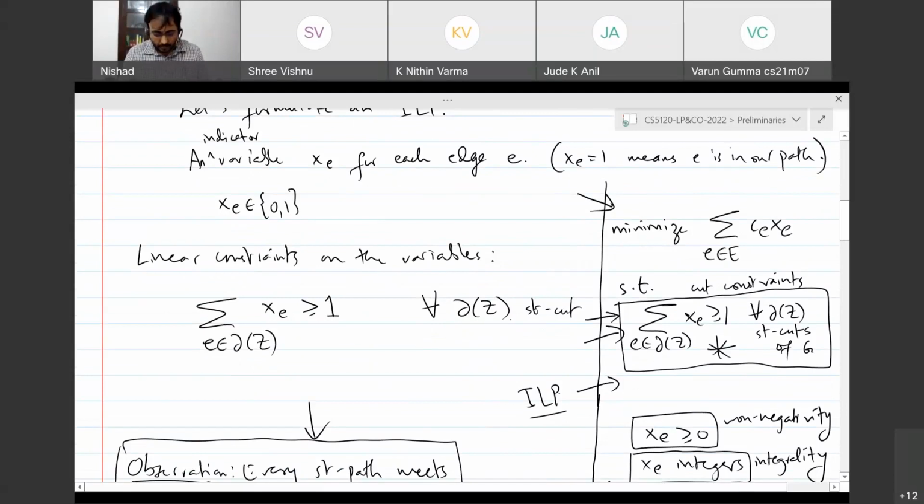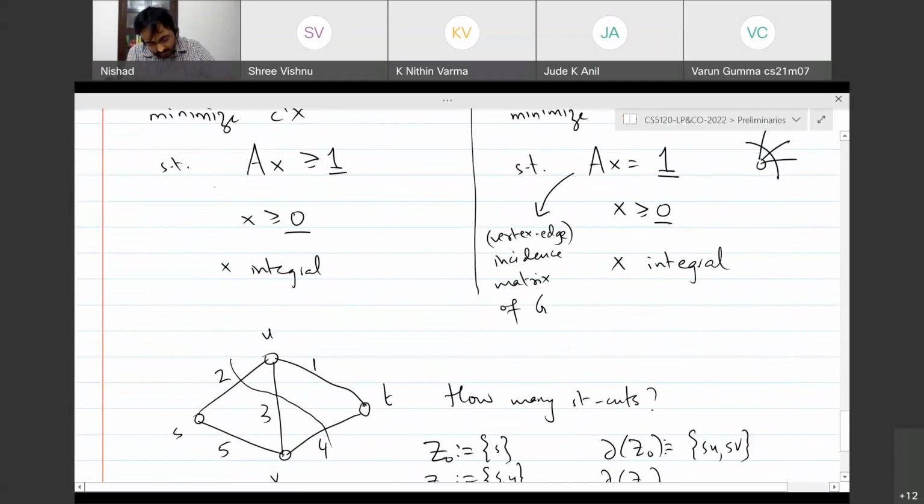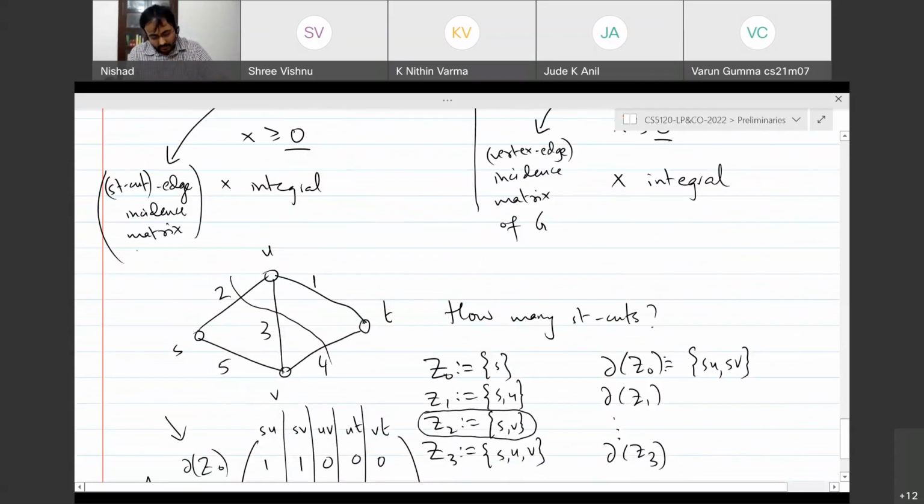So this is the ST cut and edge incidence matrix, which is defined as we have done in this example.